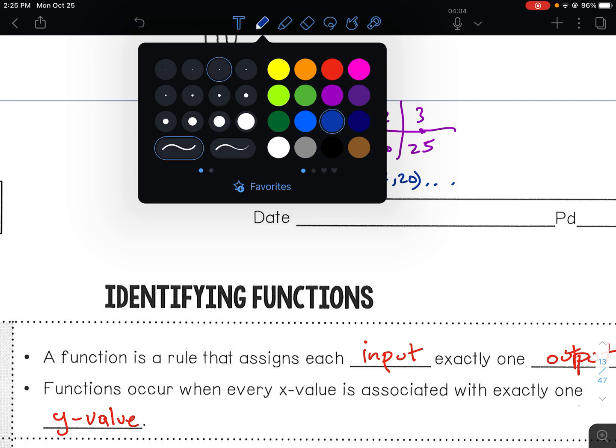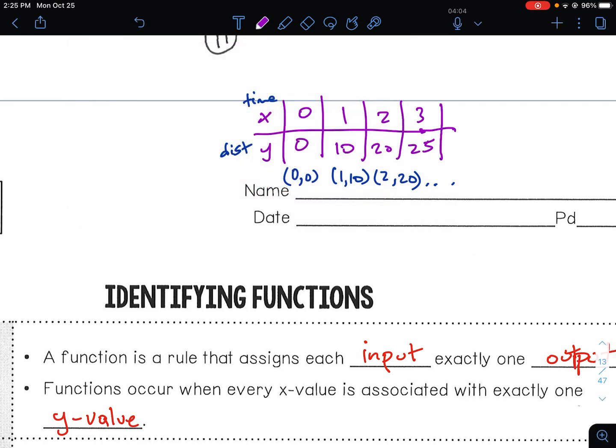Let's say we continued our story, and at 4 minutes he's at 25 meters. What does this mean? Between 3 and 4 minutes, he hasn't gone anywhere. He's stayed put. He went 10 meters, another 10 meters, then only 5 meters, and then none between 3 and 4 minutes.